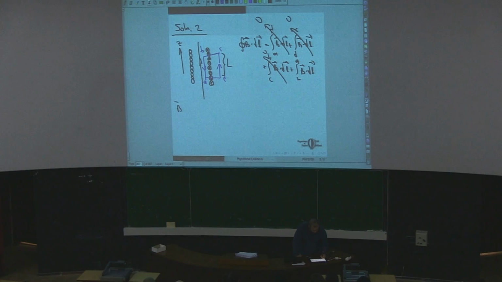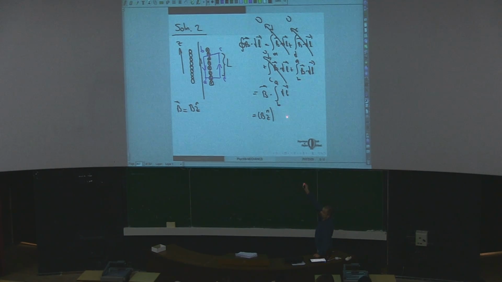And remember, B is B in the z hat direction. B is just constant from B to A, because my magnetic field lines are just straight. So B dot dl from B to A, with B in the z hat direction.